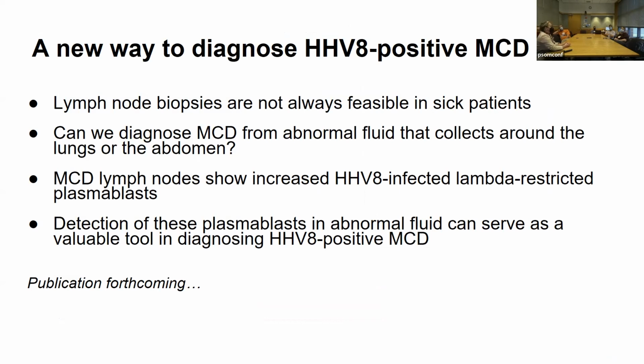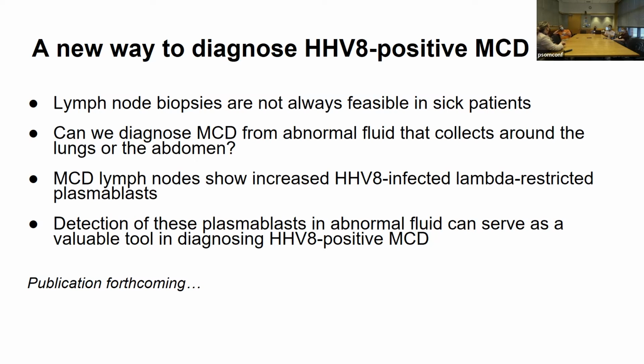Well, we've taken the fluid from some of our patients who also had a lymph node biopsy, and we were able to identify the Castleman cells that were in the lymph node in the fluid. And so we've been treating patients now based upon just finding these cells in the fluid. How invasive is it to get that fluid versus?